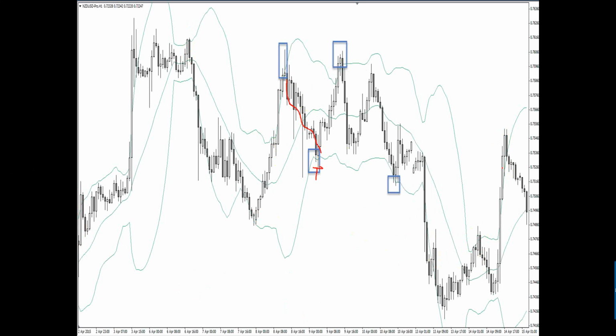And watch these patterns. So the conclusion for counter trend Bollinger Bands trading is, you should always watch for a breakout above or below the Bollinger Band on the same candle, then a close inside it, effectively forming a pin bar.